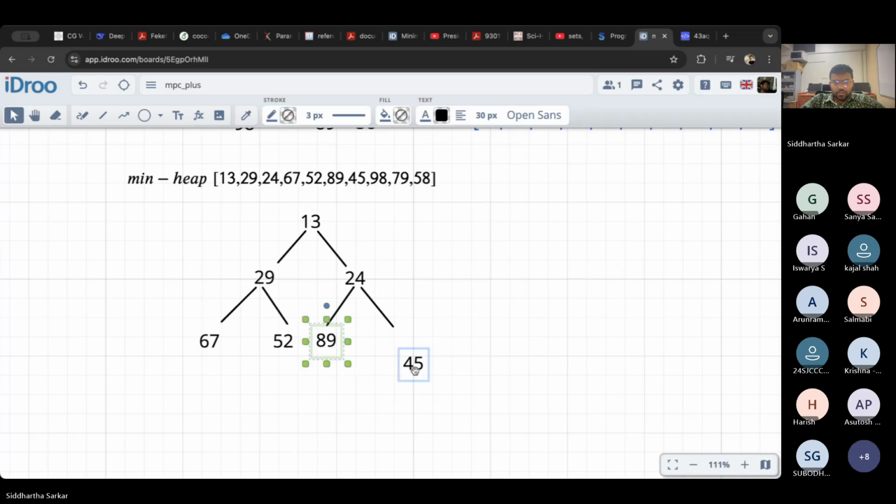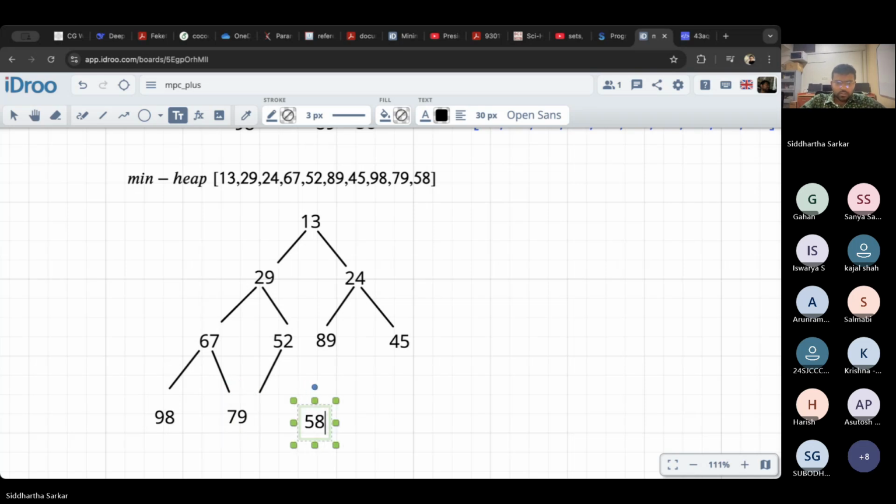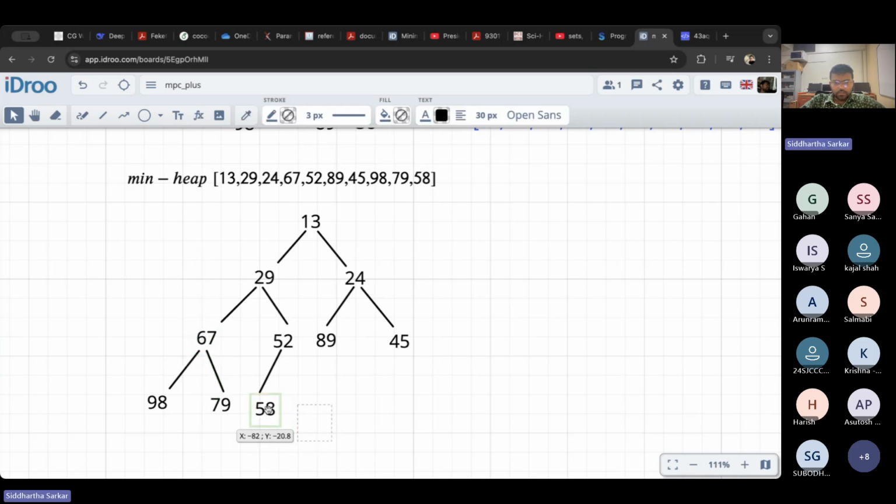Then we have 98 and 79. Then we have 58. So this is the description of the heap in the tree structure. Is this correct? The original heap.